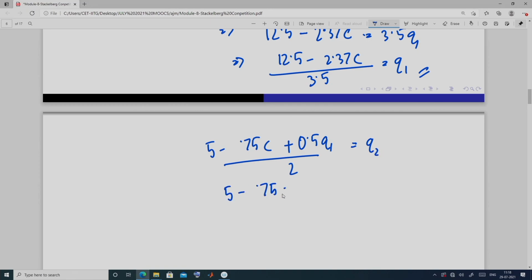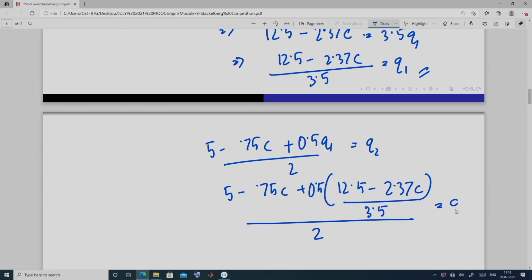So, plug this in. We have this as the subgame perfect Nash equilibrium in this case. Okay. So, Q1 is this and Q2 is this. By plugging the value of Q1 into the reaction function, we will get Q2.